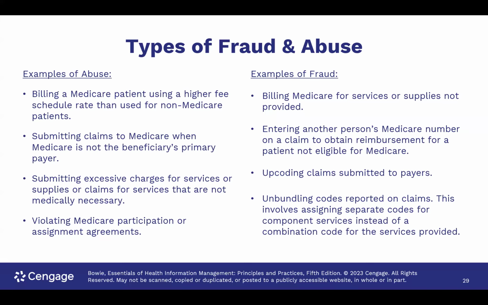Another example is submitting claims to Medicare when Medicare is not the beneficiary's primary payer, right? So it's not fraud in the sense that we're submitting claims for something that didn't exist. The patient has Medicare and another payer, but we're not submitting a claim in the correct order.